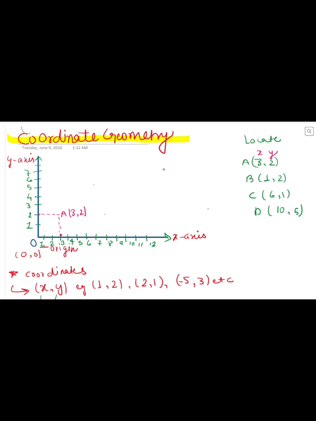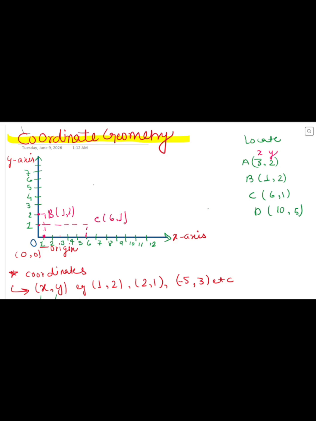For the coordinates of point B, find 1 on the x-axis and 2 on the y-axis. Draw the dotted lines, and the intersection is B, that is (1, 2). For C, find 6 on the x-axis and 1 on the y-axis.